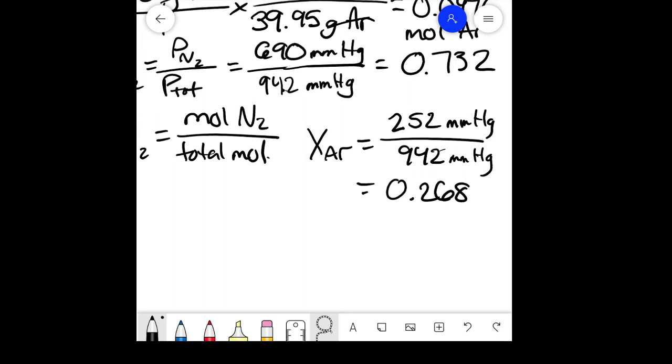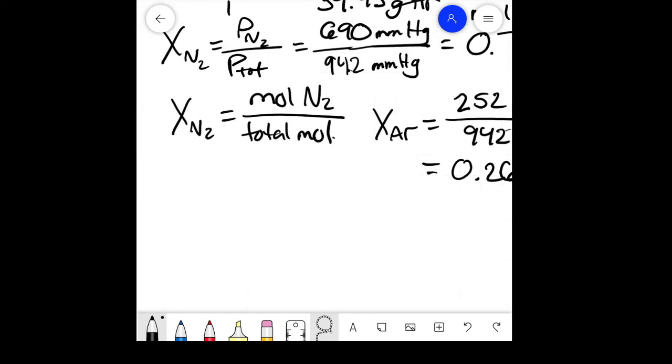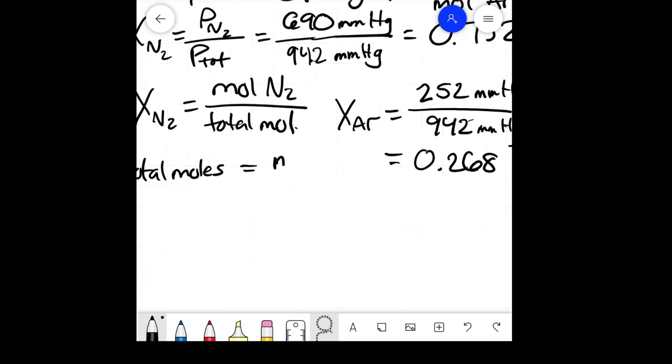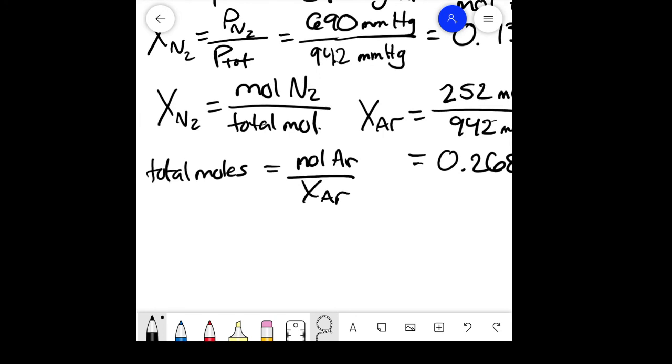Okay. So now that we have the mole ratio of argon, we can figure out how many total moles we have, because total moles equals moles of argon over the mole ratio of argon. And we just do that because we took this equation, cross multiplied, and divided back again.